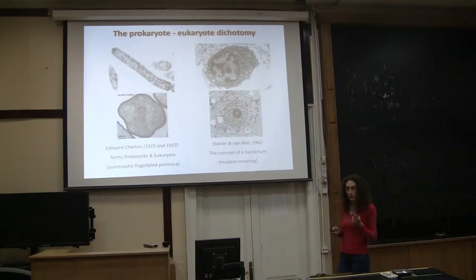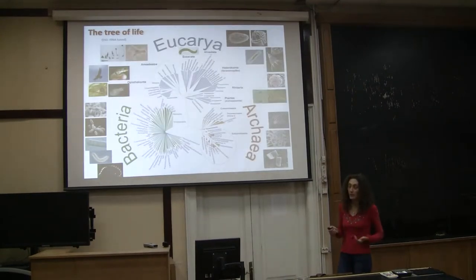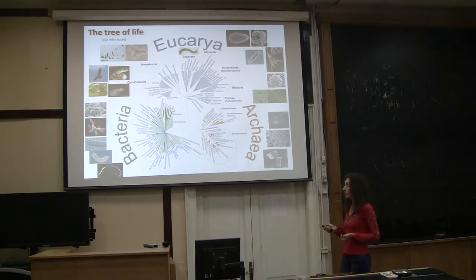So we have two types of structures in cells, but we have, as we have been discussing during the week, three different phylogenetic domains of life: two prokaryotic ones, the bacteria and the Archaea, that resemble each other morphologically and have many different metabolisms, and the eukaryotic domain that has a eukaryotic structure.